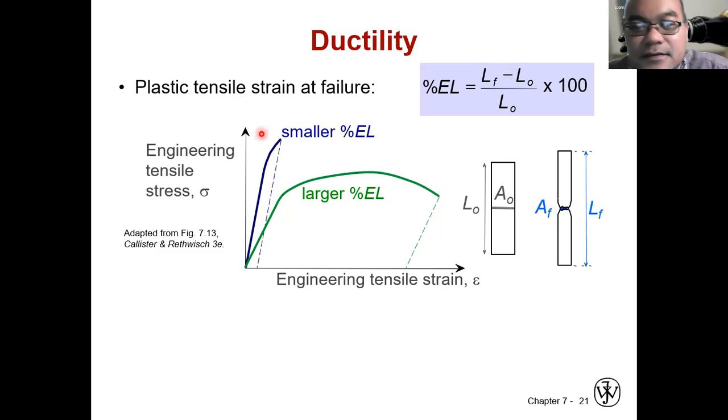Ductility is defined mathematically as the percent elongation, EL, equals L_f minus L_0 divided by L_0, times 100%.